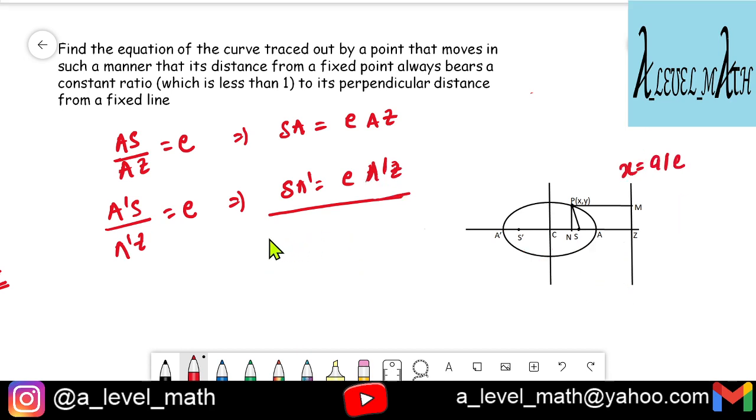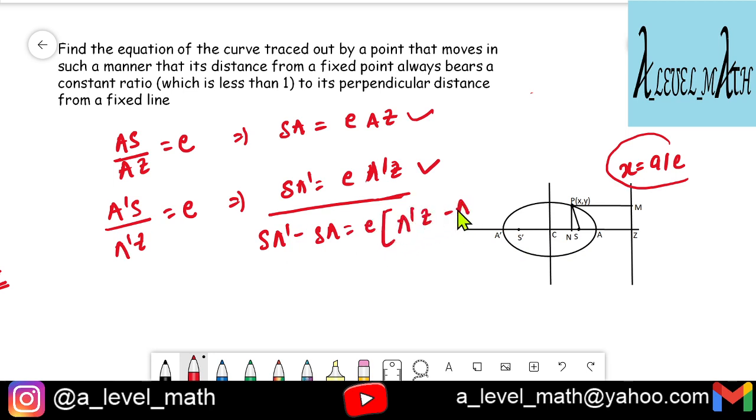Now similarly, guys, initially I added these two equations and found the equation of the directrix. Now I want you to subtract these two equations, this minus this for your convenience, because SA dash seems to be a little bigger than SA. So SA dash minus SA is equal to E times A dash Z minus AZ.